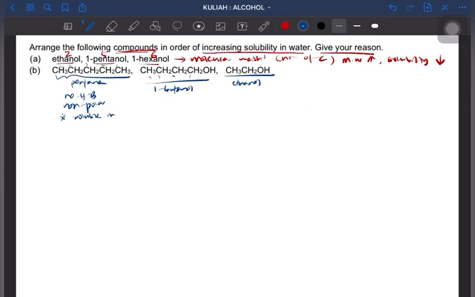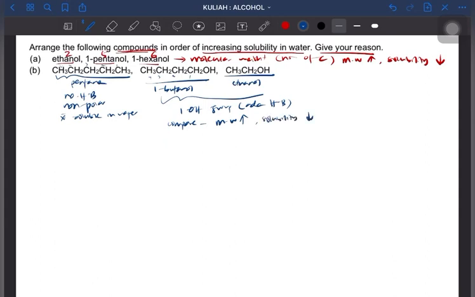So bila dia non-polar, dia tak boleh soluble in water. Okay, kalau alkohol, dua-dua ni dia ada 1 OH group. Okay, maksudnya dia ada hydrogen bond lah. Okay, so kita boleh compare dia punya molecular weight saja. So kalau molecular weight dia increase, maksudnya dia punya carbon banyak lah kan, makanya solubility dia decrease.